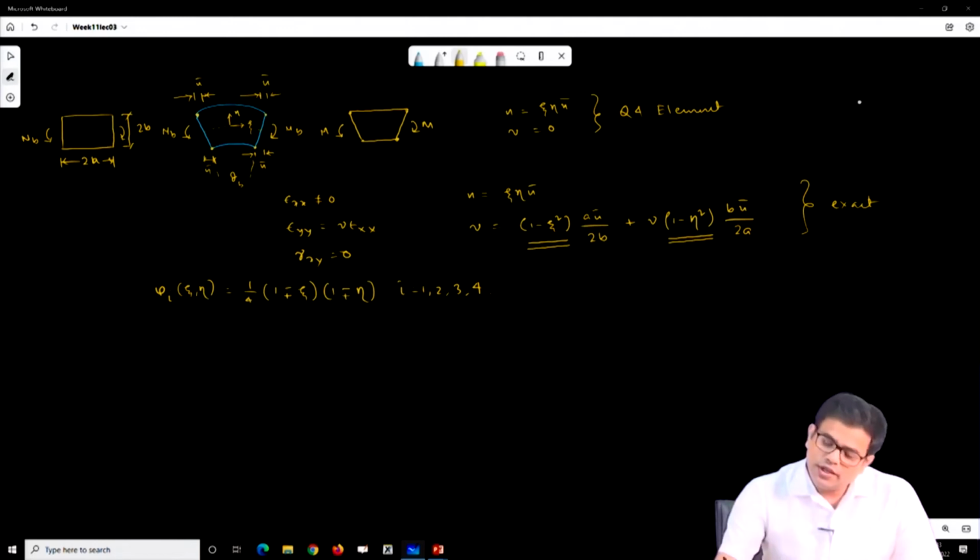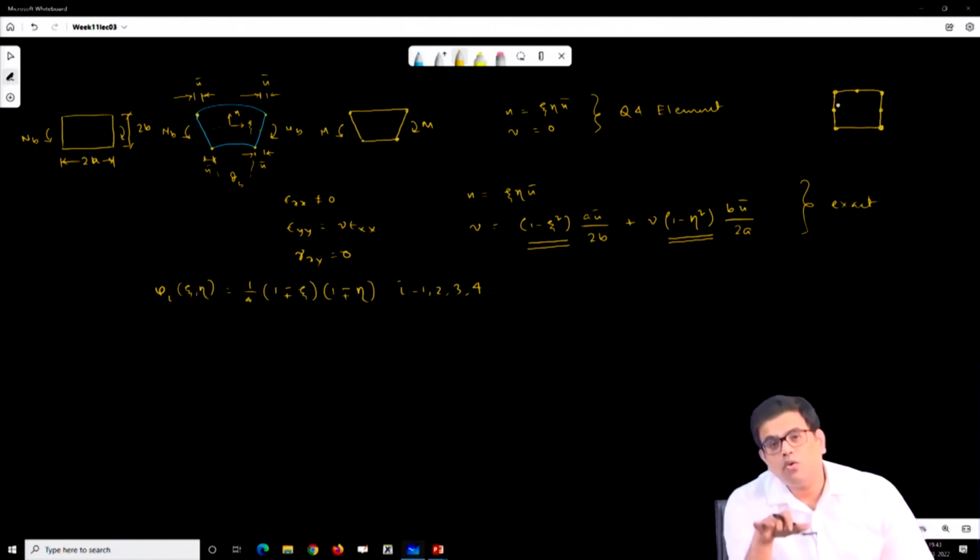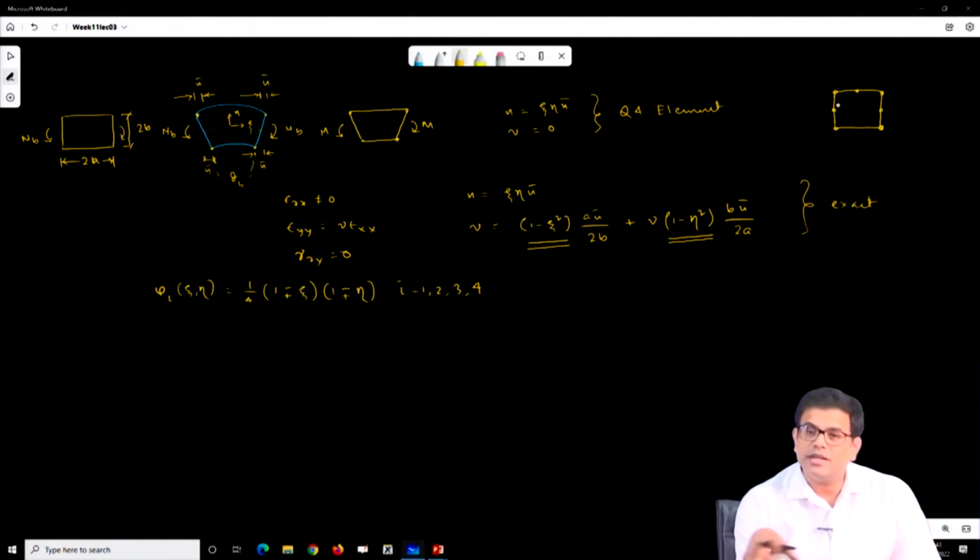If I use, for instance, this 2-dimensional quadratic element with a mid node, naturally this mid node will give me the quadratic variation, so it can represent this.